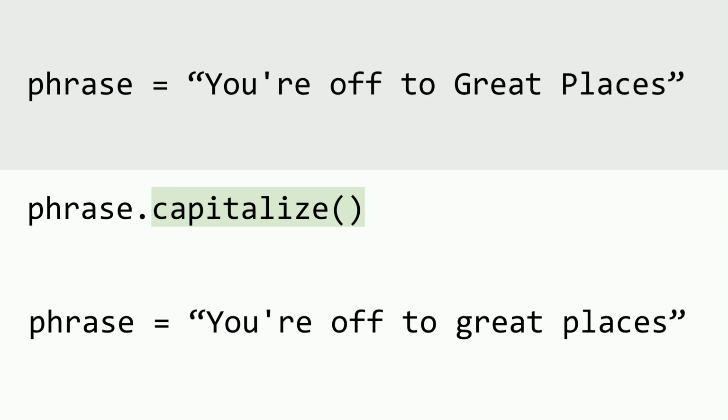Note that before we had G and P uppercase, but now after applying the capitalize method, only Y is capitalized. If I had "you're off to great places," period, and then something else, only the first Y would be capitalized.